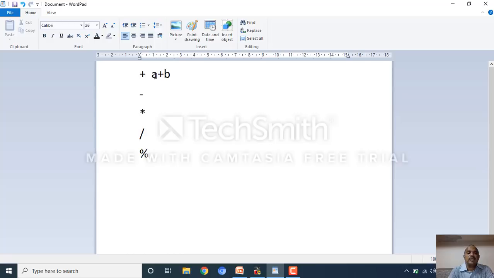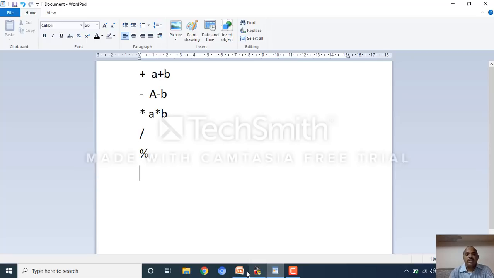Minus, a minus b, is used to subtract and find the difference between two numbers. The asterisk, a times b, is the product operator. The slash is used to find the quotient value, and the percent is used to find the remainder value. These are the arithmetic operators.